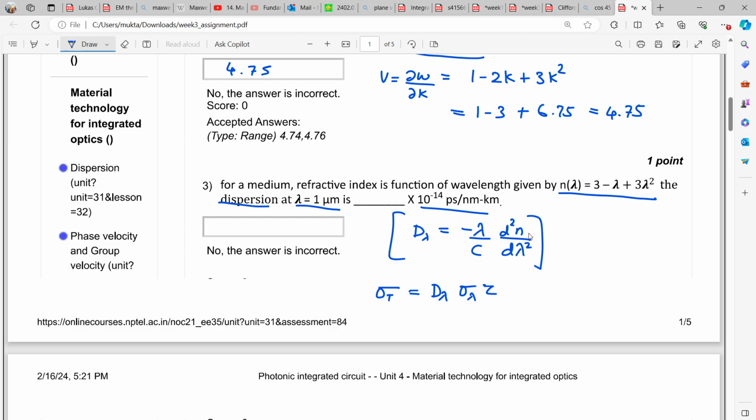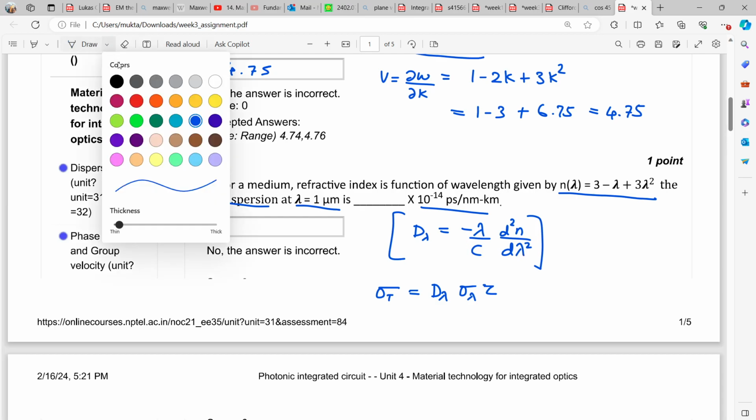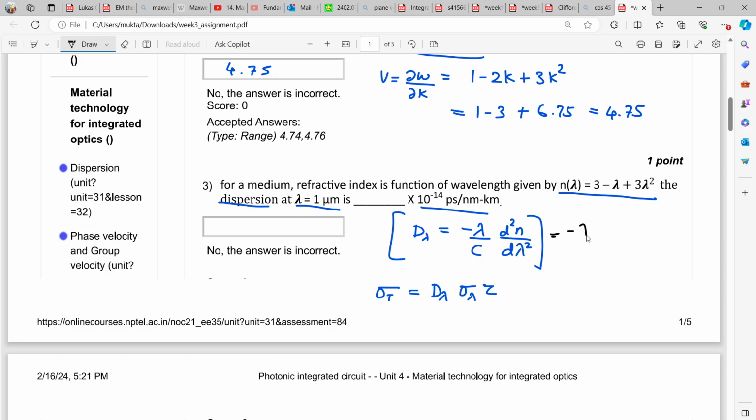So if I want to find this D lambda, I just have to solve this. So we can go ahead and do it. This is nothing but equal to minus lambda over c, d square n by d lambda square. So that is d by d lambda of minus 1 plus t to the 6 lambda, that is equal to minus lambda over c times 6.